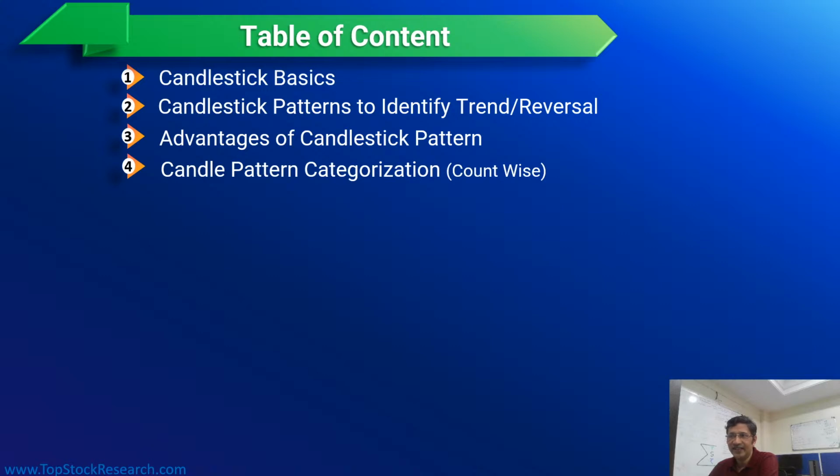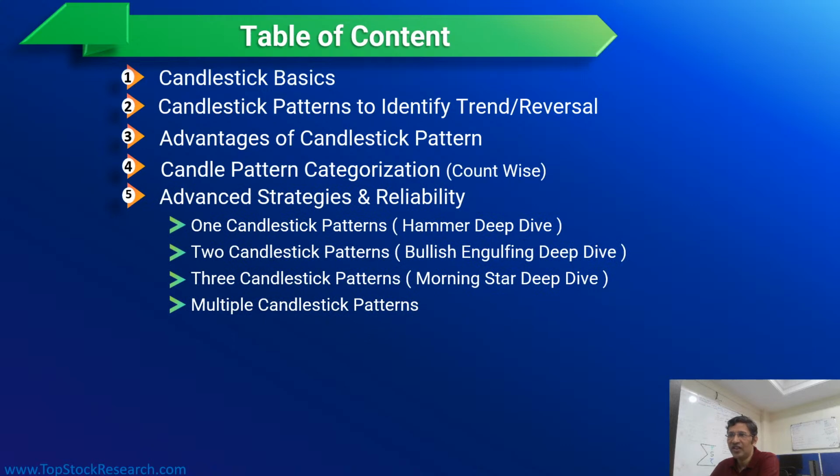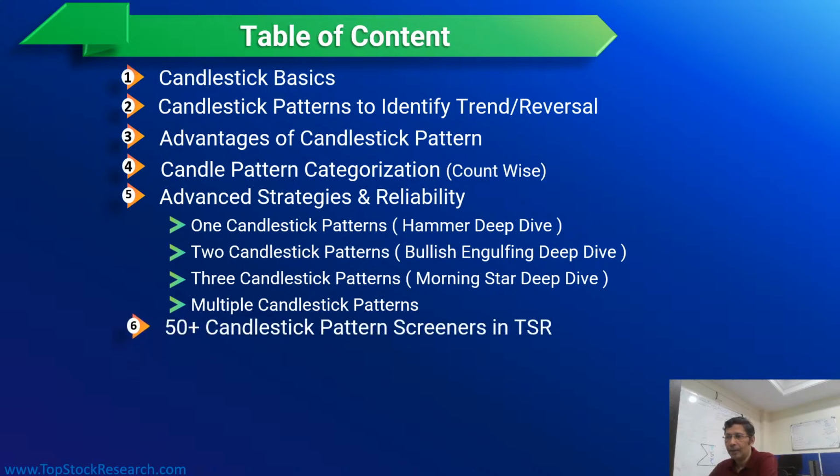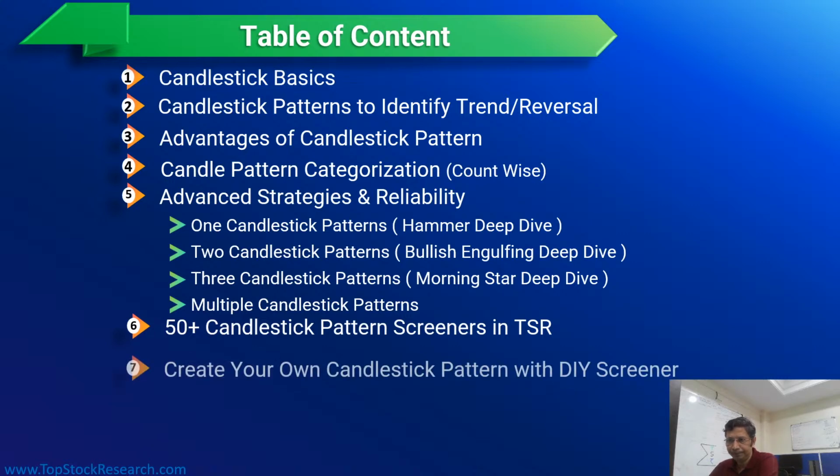What it means is what is a single candle, double candle, multiple candle formation. Advanced strategies and reliabilities. One candlestick pattern with a deep dive of hammer. Two candlestick patterns, deep dive of bullish engulfing and a few more. Three candlestick pattern, morning star and its variations. Multiple candlestick patterns. And then we'll cover about 50 plus candlestick patterns which are available in Top Stock Research.